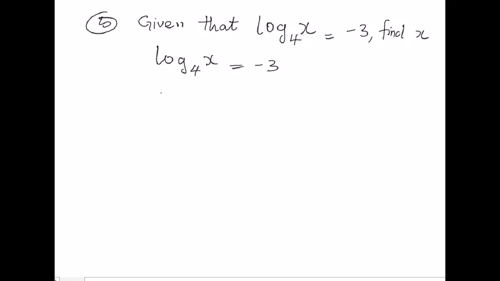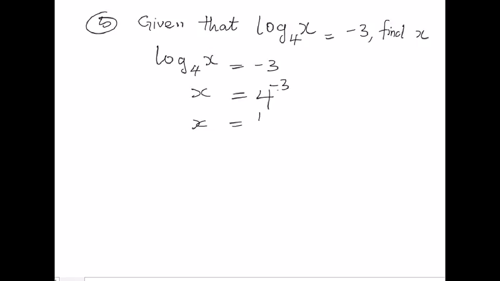We are going to find x. So we are going to have x equals 4, 4 is the base, raised to power minus 3. This 4 as base, and raised to power minus 3.